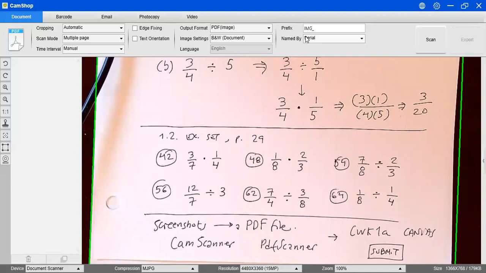But there are many classwork assignments for the chapter. For chapter 1, you're going to have 4 assignments: Classwork 1A, 1B, 1C, and 1D.